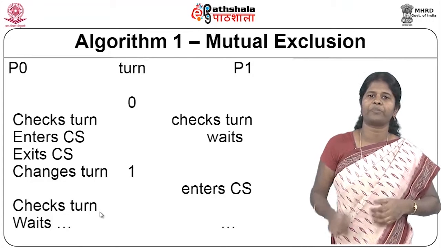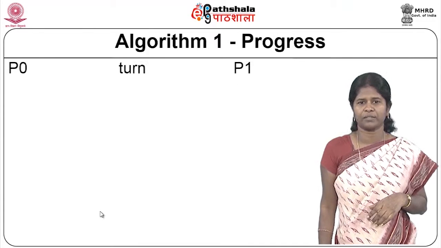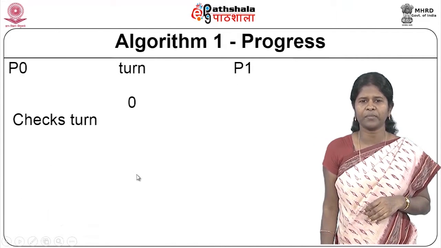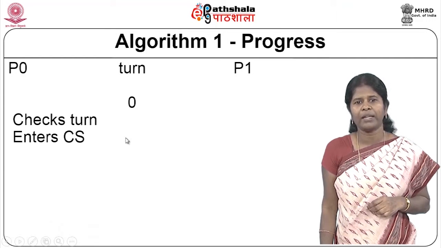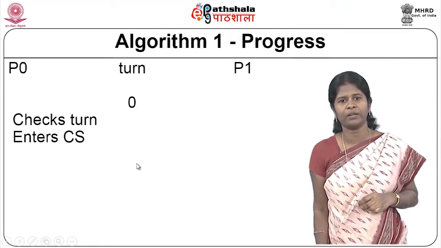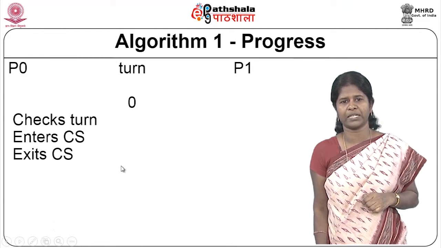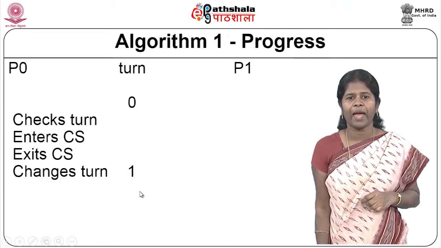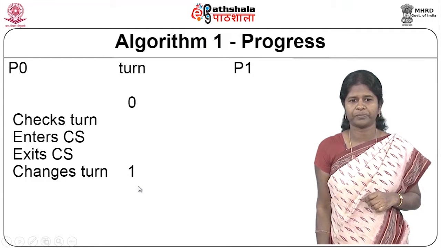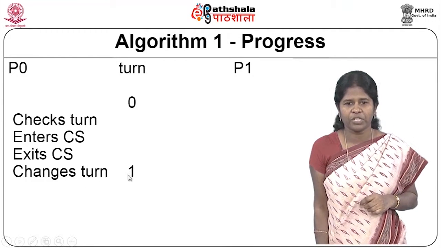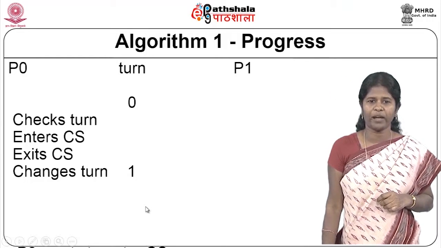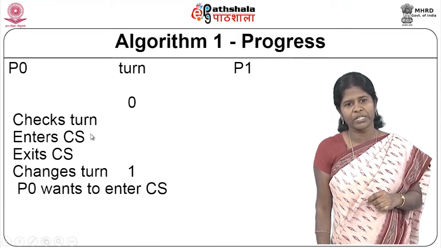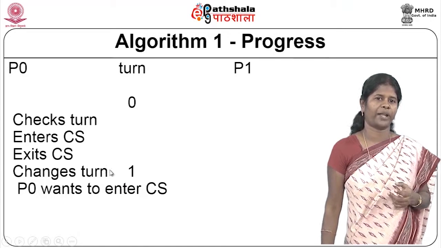Now we will see if progress is satisfied for this algorithm. Initially say the value of turn is equal to 0 and P0 checks the value of turn and enters the critical section. After coming out of the critical section, it changes the value of turn to 1, and then it wants to enter the critical section the next time. Now what happens?